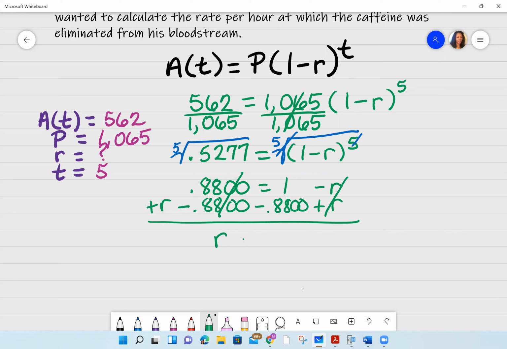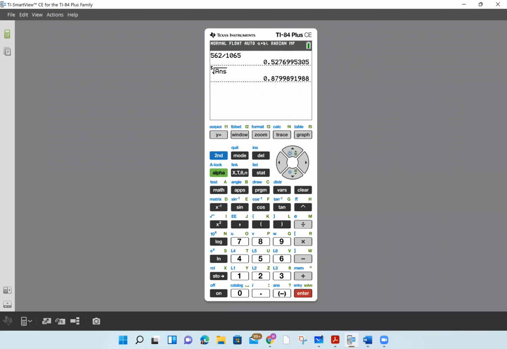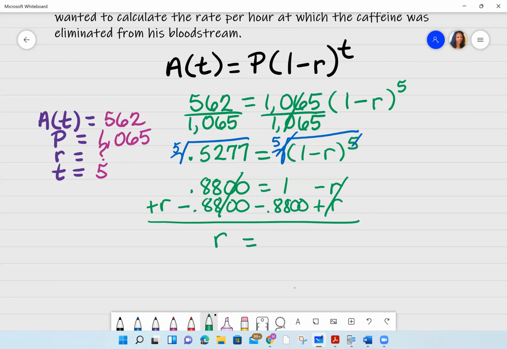I'm left with r is equal to, and now I go to my calculator and type in 1 minus, again, I can do second negative, which copies this entire decimal that's already in the calculator, and it's going to be 0.12. So that represents my rate, 0.12. When I get my answer, I have to convert that back to a percent. So r is actually 12%.